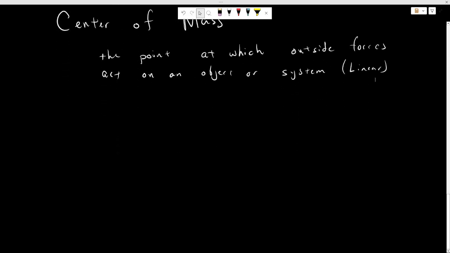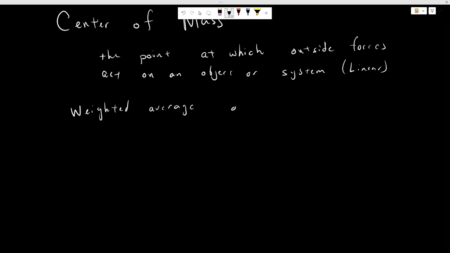So the center of mass is a weighted average of position by mass.